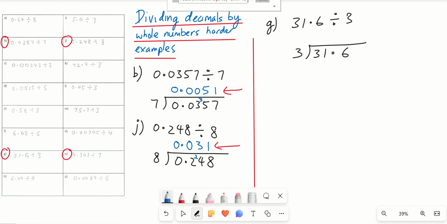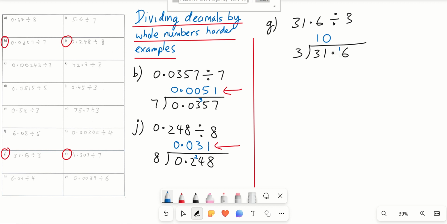So starting with the first digit in the dividend, we have 1 three going into 3. We have 0 threes going into 1. So we have a remainder of 1, which is combined with the 6 in the next column to form 16.